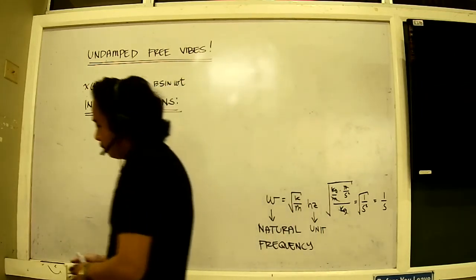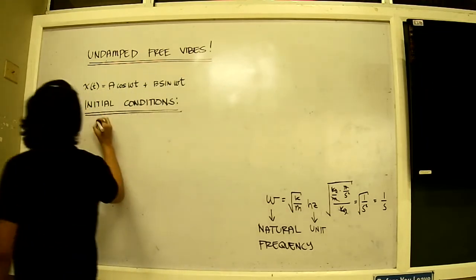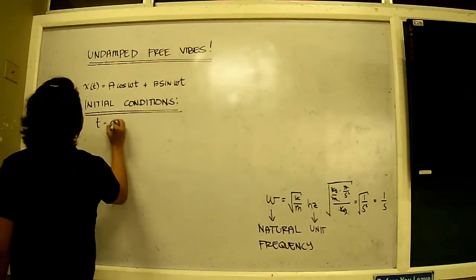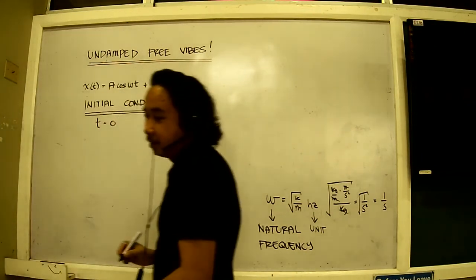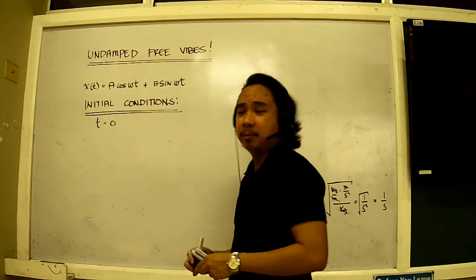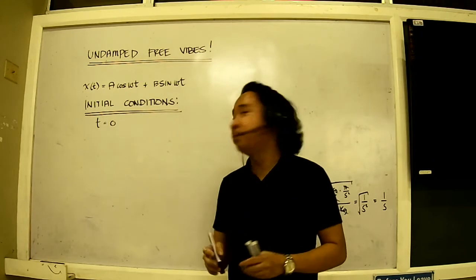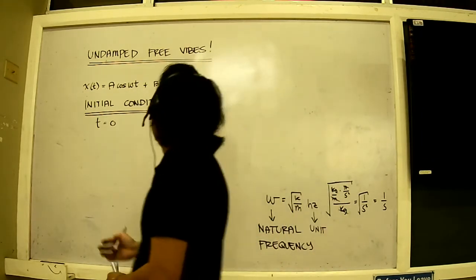So the initial condition is the condition of our structure when time is equal to 0. There is no negative time. Nobody has invented a time machine yet, so time is equal to 0.